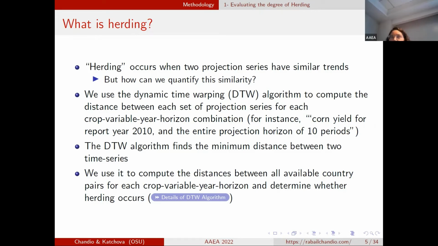That is how the similarities are computed for each of the crop, year, variable, and horizon groups, and then they are averaged across the entire period to get a single number for what herding is. Which, by construction, gives you an idea that for variables that have a lot of variation, the confidence intervals are just going to be very high.